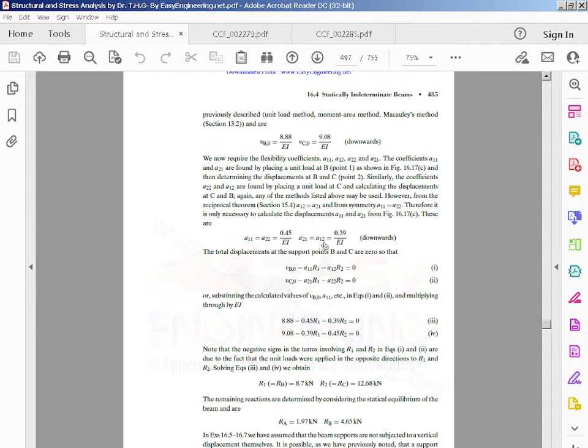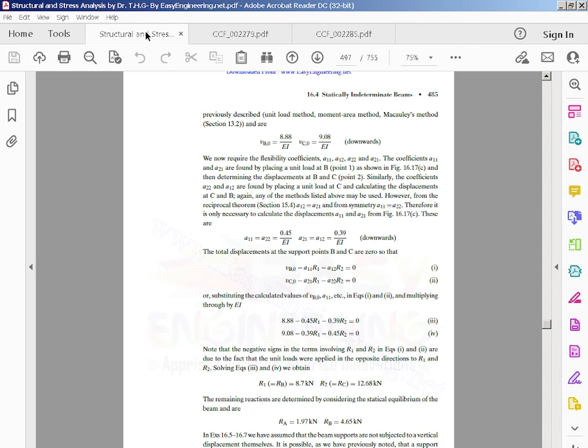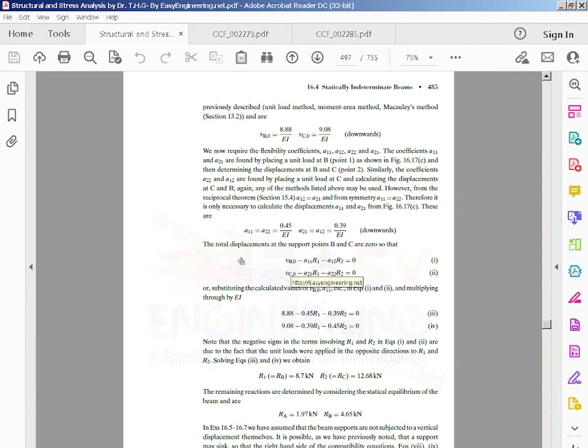And then A21 equals A12 equals 0.39 over EI. So the deflection at C when you've got a point load at B is 0.39 over EI, and the deflection at B when you've got a point load at C is the same. So then you can get your two simultaneous equations.